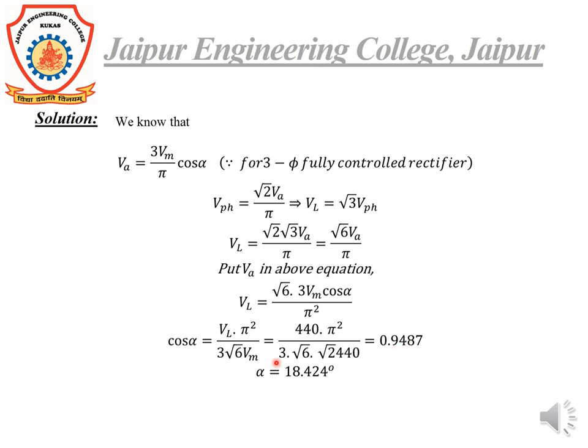Now I bring the cos to the other side, so alpha will be equal to cos inverse 0.9487. Therefore, on solving the cos inverse of 0.9487, we will get alpha equal to 18.424 degrees. This is the firing angle we required in the question.